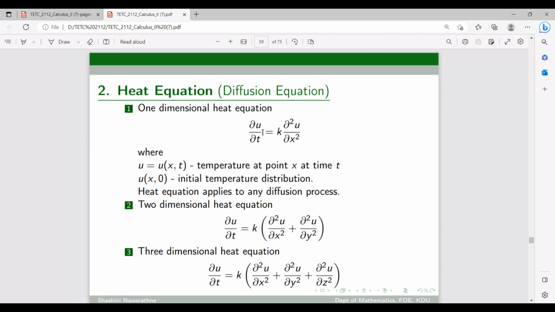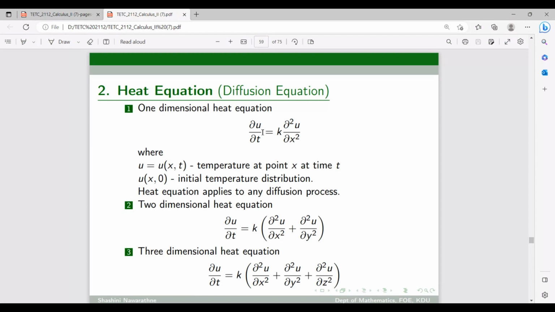So when x and t change, the value of u changes. That is why we have labeled the variable u as the dependent variable and x and t as independent variables. In this case we identify the variable u as the temperature at a point x and at time t.